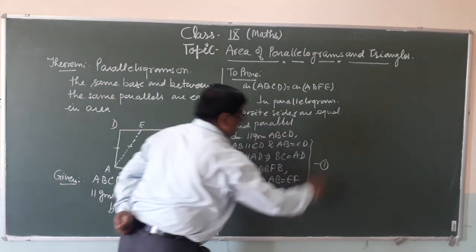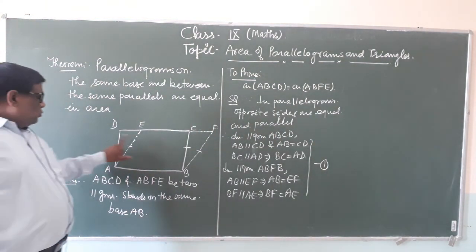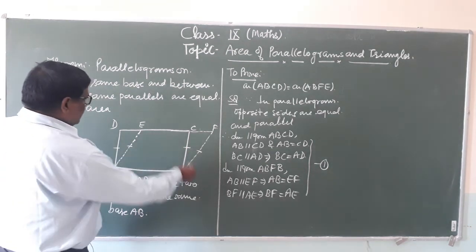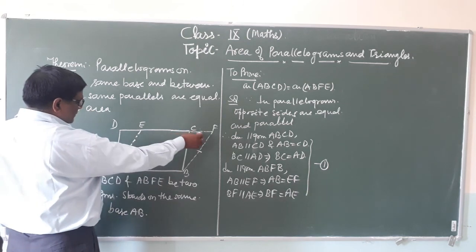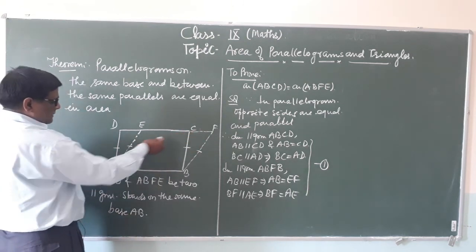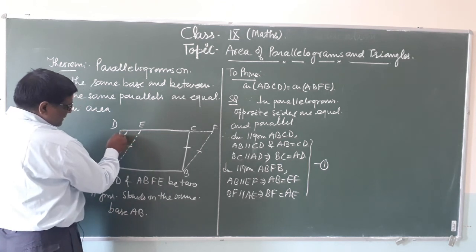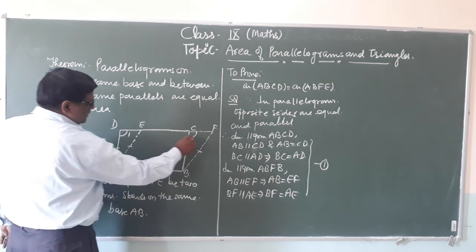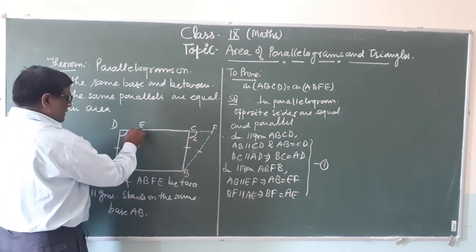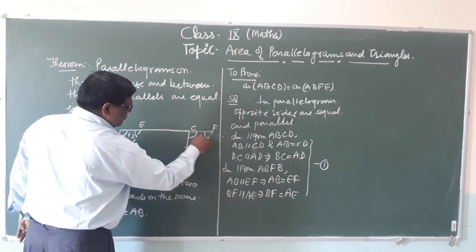Now we have to take this equation 1. Again, if two sides are parallel, if AD is parallel to BC and this will be a transversal, so this corresponding angle is also equal, that is, angle 1 is equal to angle 2. Again similarly, angle 3 is also equal to angle 4.